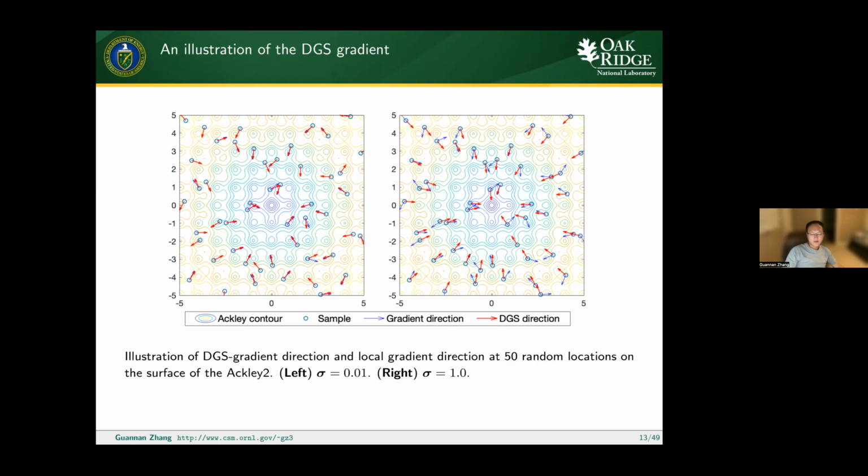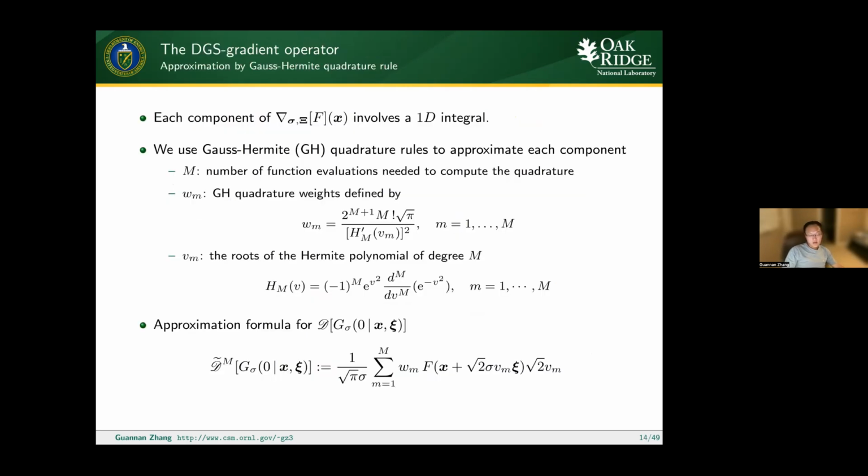So, okay. Now, this non-local gradient works fine, and then we need to find a way to approximate it. Like what I said, because it only involves 1D integrals, we can use Gaussian quadrature rules to approximate each of the partial derivatives, which gives us a much better convergence rate than the Monte Carlo based estimator, which is exactly one important reason why we want to do the directional smoothing.